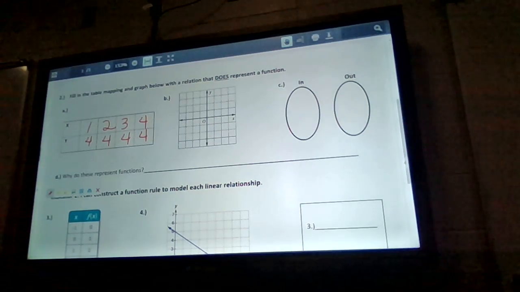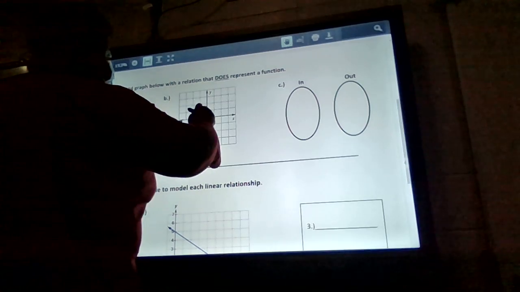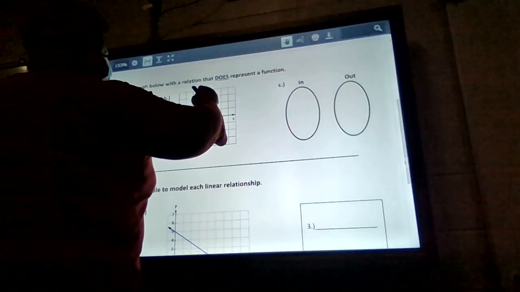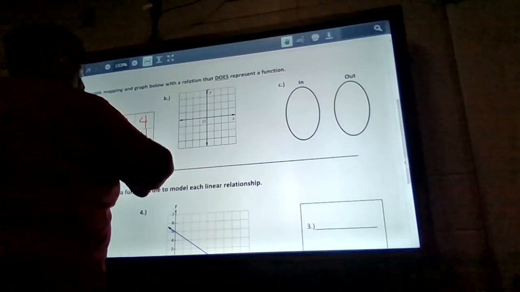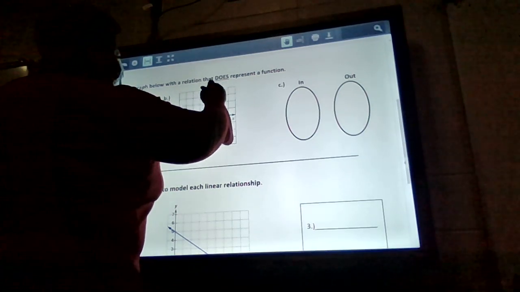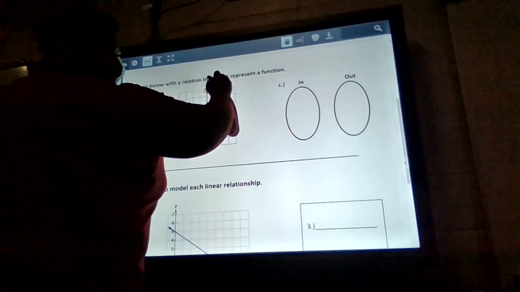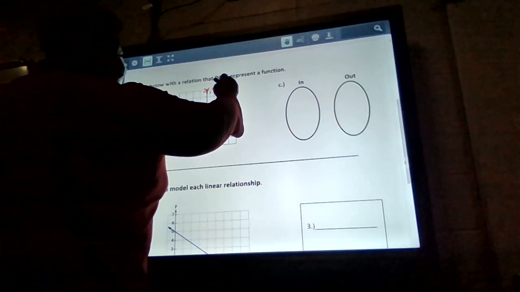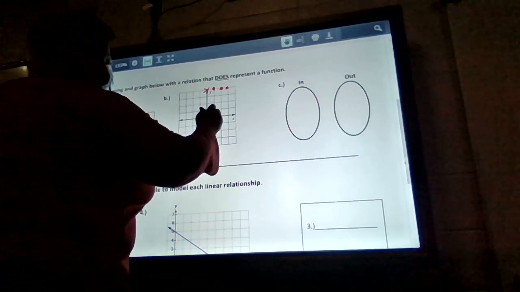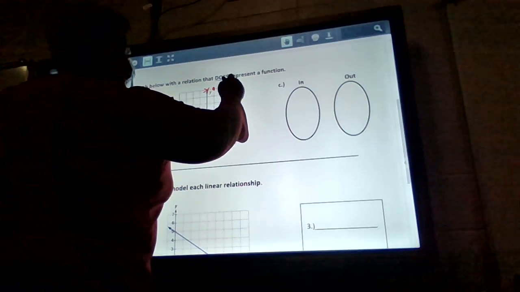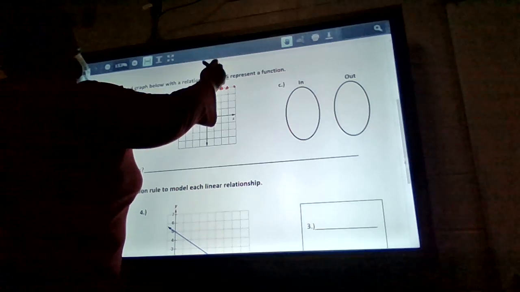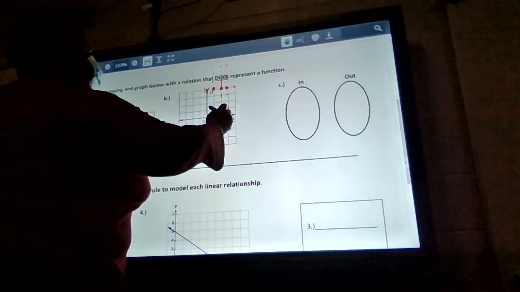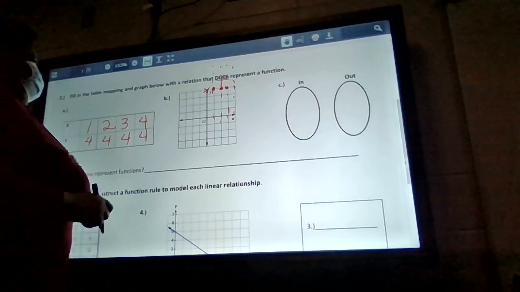So let me plot it and show you. 1 is 4. 2 is 4. 3's output is 4, and 4's output is 4. So if I did the vertical line test, each time I would only hit 1 point.